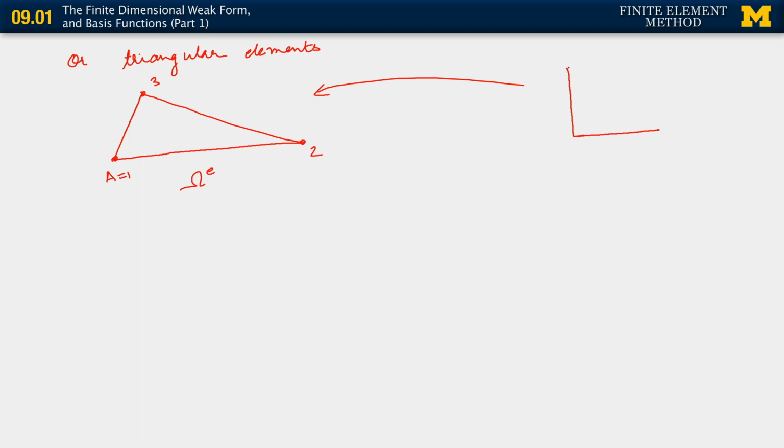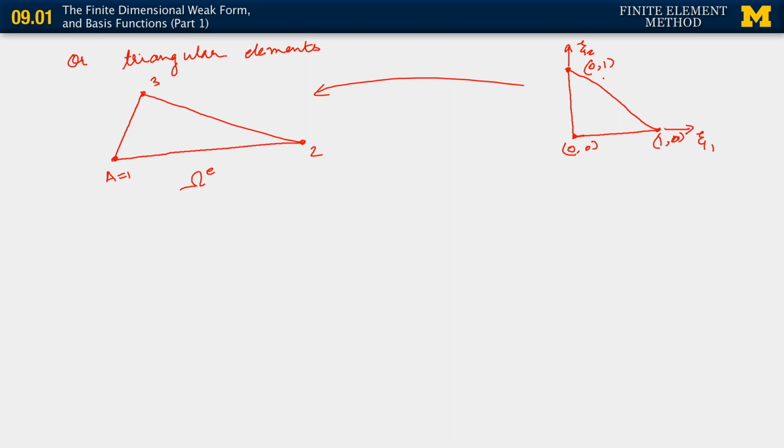which we also express in terms of coordinates C1, C2, and in this setting we get that the points are 0, 0, 1, 0, and 0, 1.